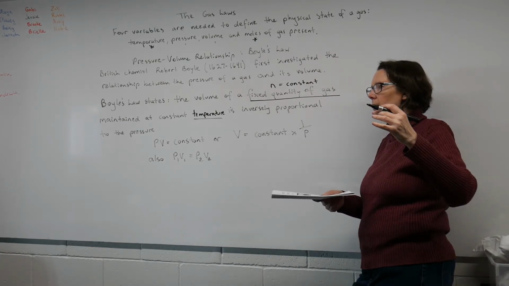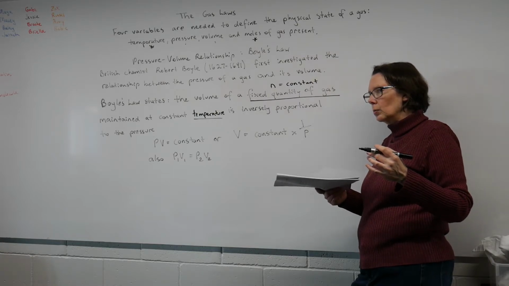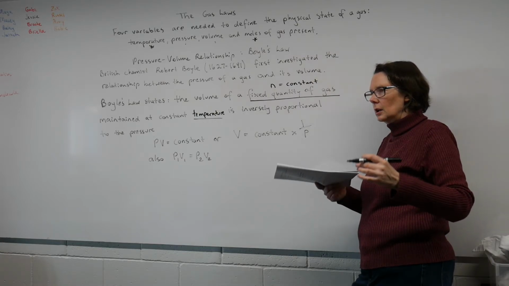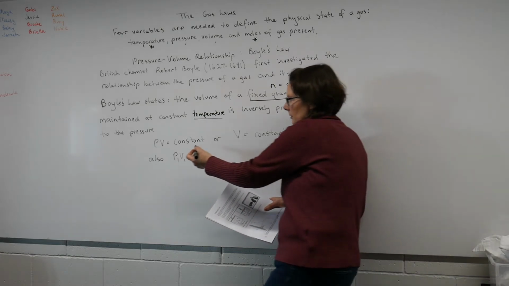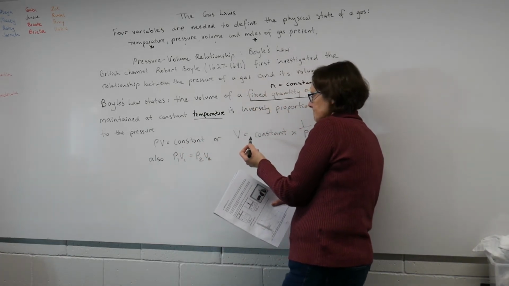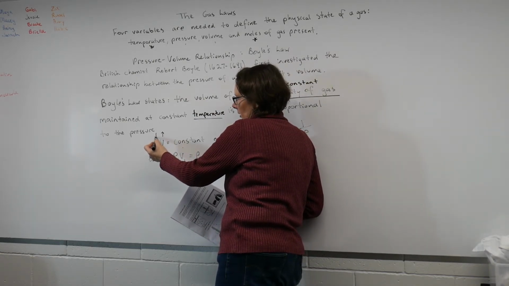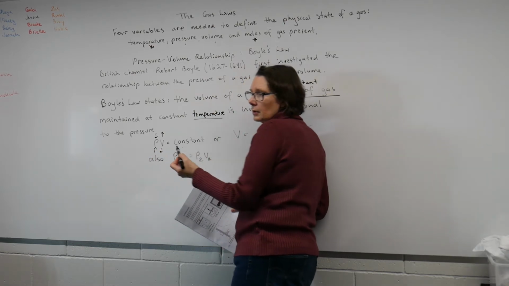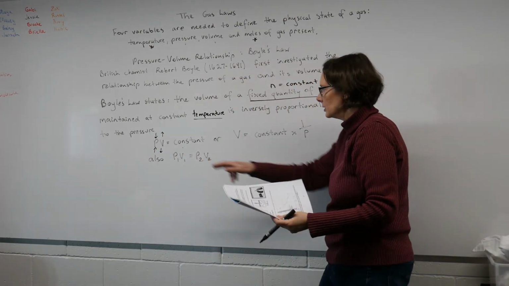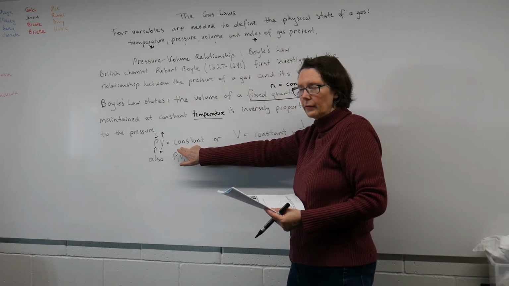If I increase the pressure, then I have to decrease the volume to keep the constant, because of this. So if this one goes up, this one has to go down. And if this one goes up, this one has to go down. Does that make sense? Because we're saying that when we multiply them together, we have a constant value.